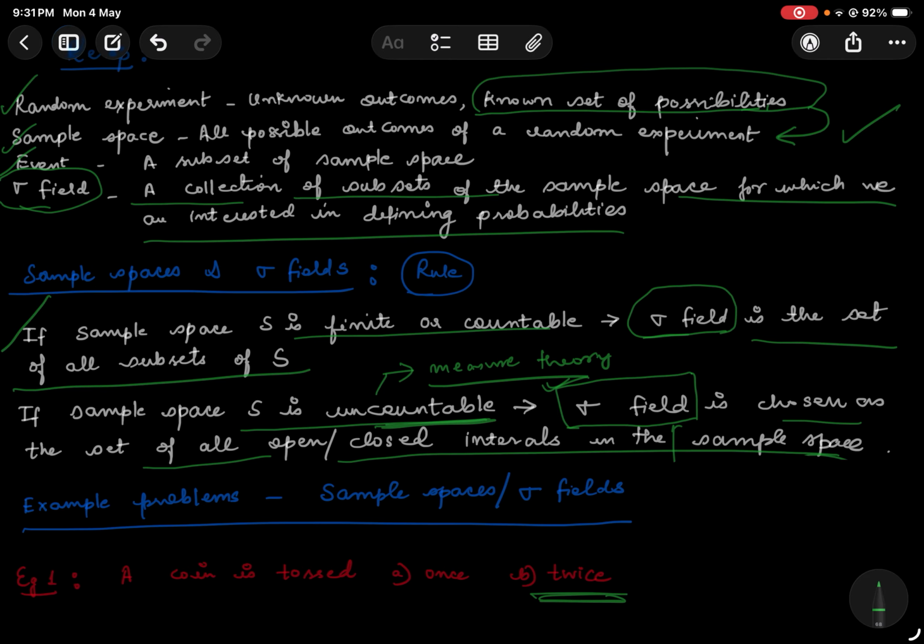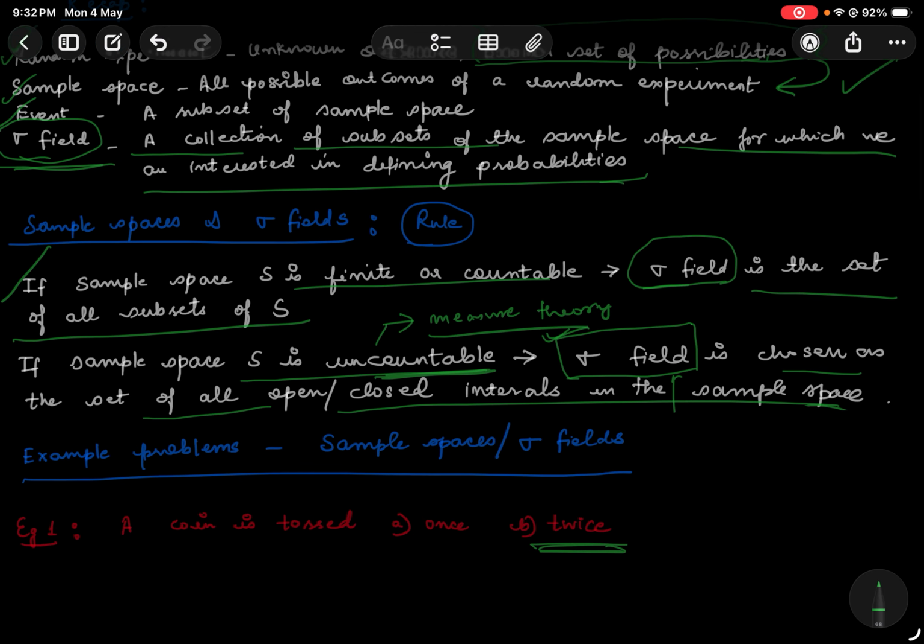Even if we are, it's not so easy to define a probability on it. Hence, to simplify our life, we have come to sigma fields. A sigma field restricts us to the collection of subsets of the sample space for which we are interested in defining probabilities, and for which it is actually possible to define probabilities.